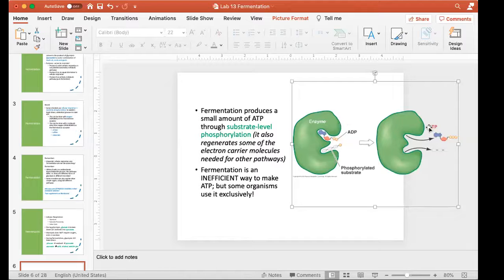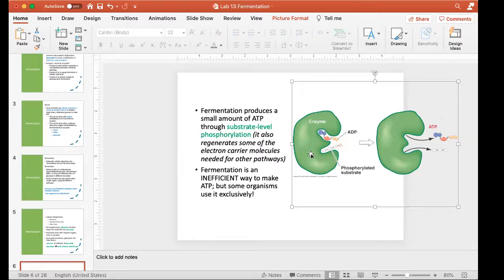The production of ATP this way is piggybacked on top of making this white molecule product. So the enzyme makes this molecule of white material, whatever it happens to be, and also happens to generate a molecule of ATP along the way.